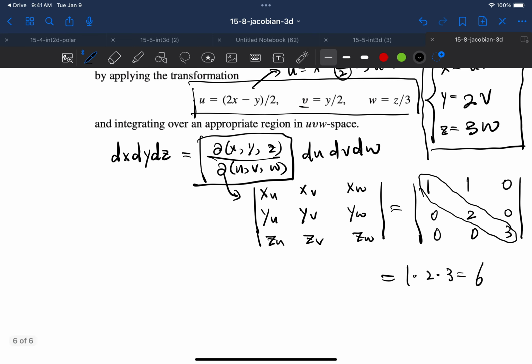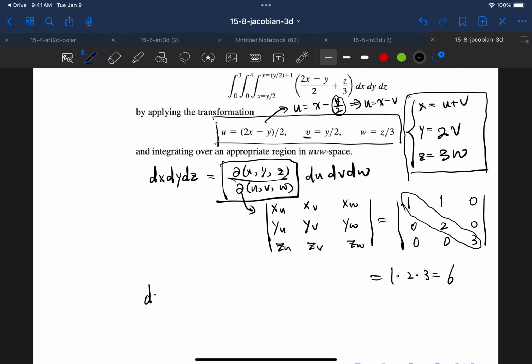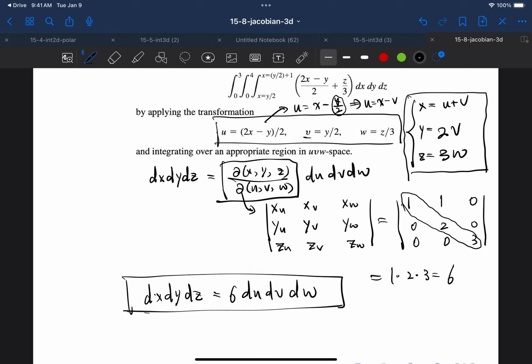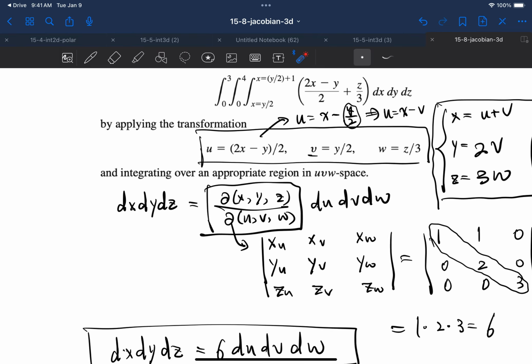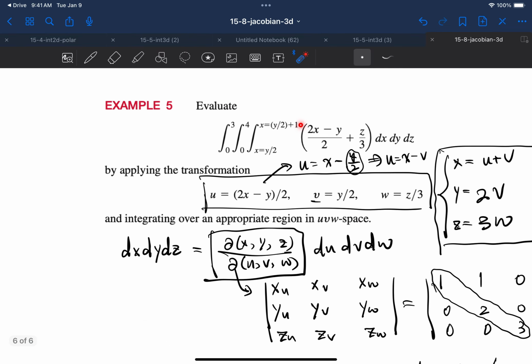So now we can write here the integral is basically 6 du dv dw. All right, next we are going to look at the shape, the 3D object bounded by 6 planes.